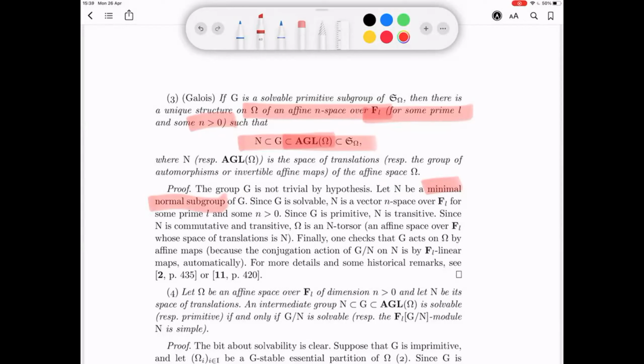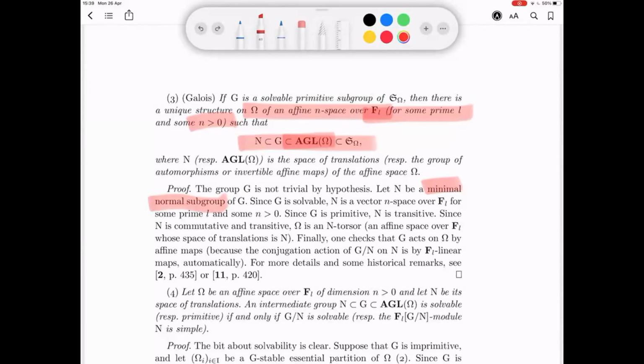You have a group G, you have a normal subgroup N. The trivial subgroup of N is of course normal in G. But if that is the only subgroup of N which is normal in G, then you say that N is a minimal normal subgroup. Minimal because there's nothing smaller which is normal in G.